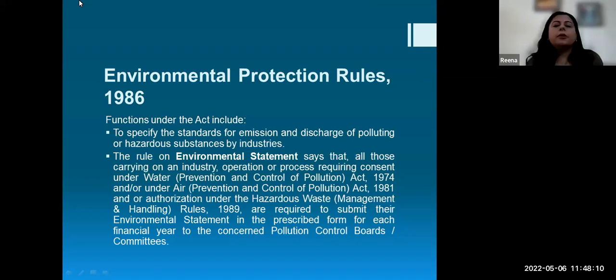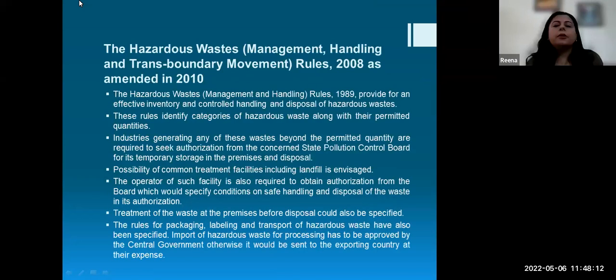So the hazardous waste management, handling and transboundary movement rules were given, and they provided an effective inventory and controlled handling as well as the final disposal of hazardous waste.